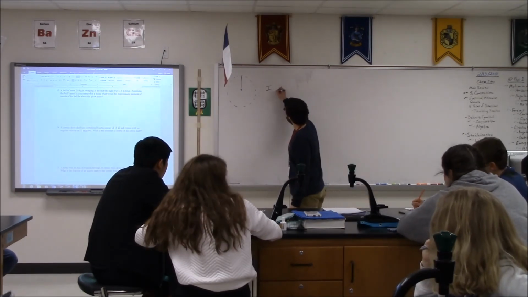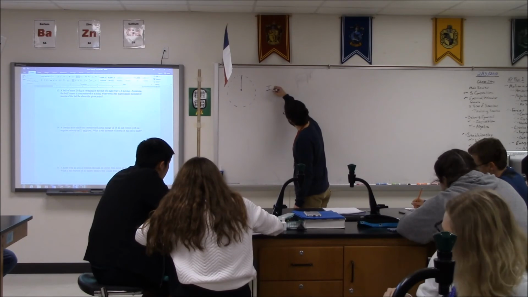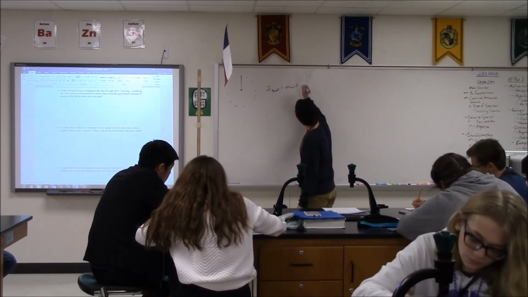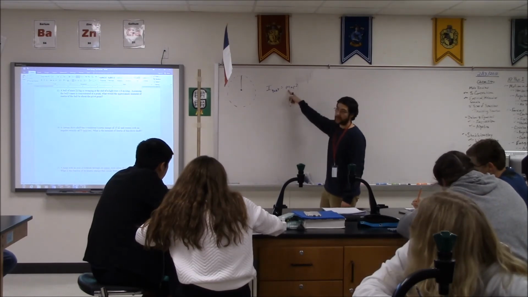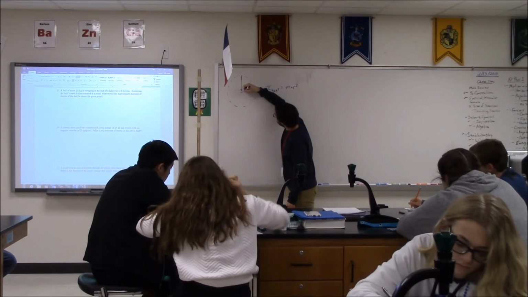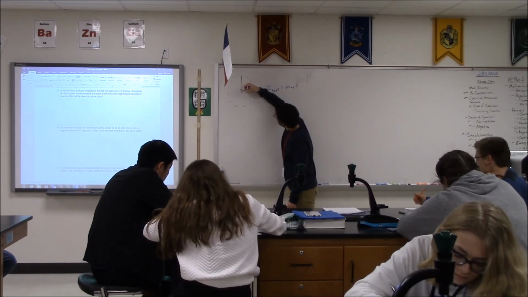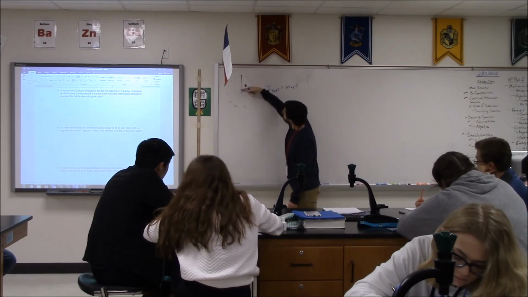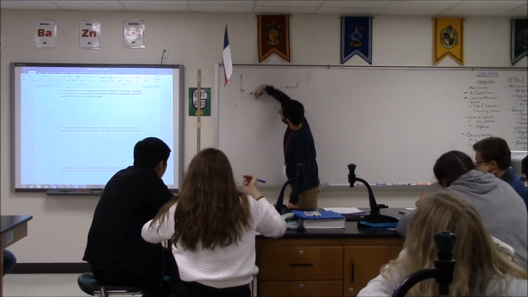Alright, so we know that the moment of inertia for a point mass is mr squared. You know the mass of the ball. The axis of rotation is here. The ball's gonna swing around, right?